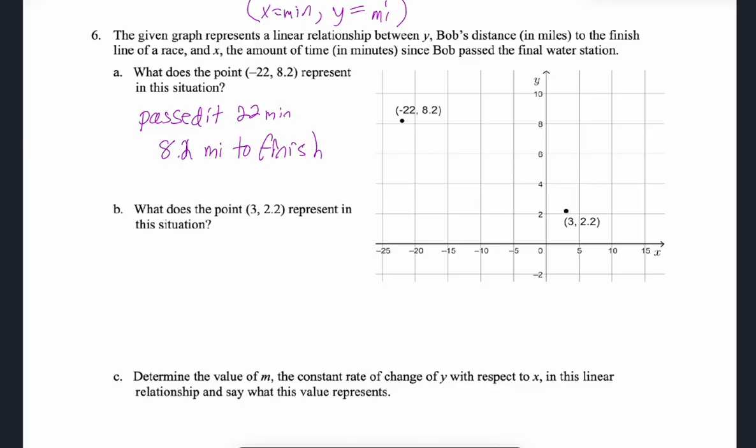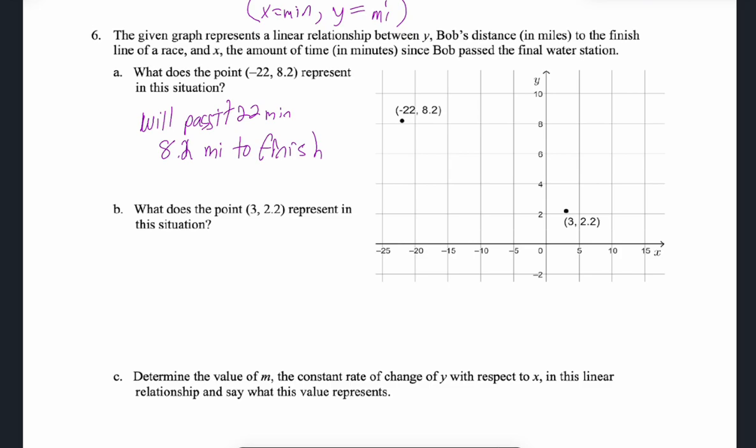Now, what part B is saying, I think the negative would be he will pass it. Sorry, in 22 minutes, because the positive then wouldn't make sense if he only has 2.2 to go.